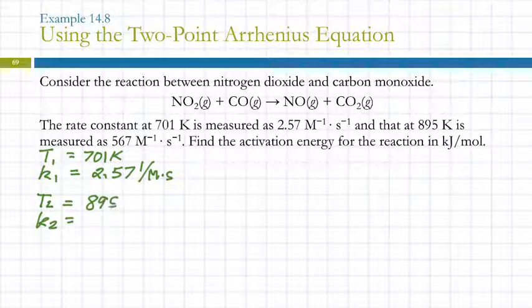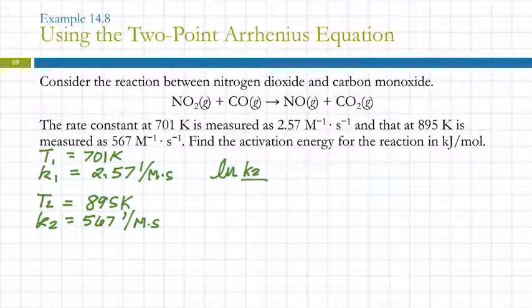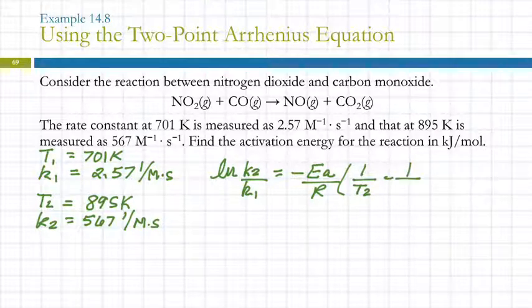It's always a bummer. And this is 567. So then we're going to look at that linear form of the equation. The natural log of K2 over K1 is equal to negative EA over R times 1 over T2 minus 1 over T1.